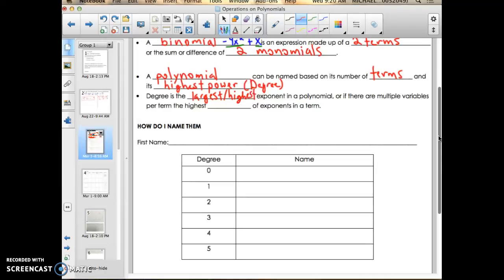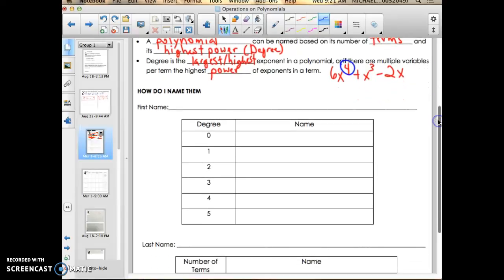Or if there are multiple variables with multiple powers per term, the highest power of exponents in a term that exists. For example, 6x to the fourth plus x cubed minus 2x. The highest power that exists between these terms in this polynomial is 4. So this polynomial is degree 4. That's how you would name this, based off of the highest power that exists.